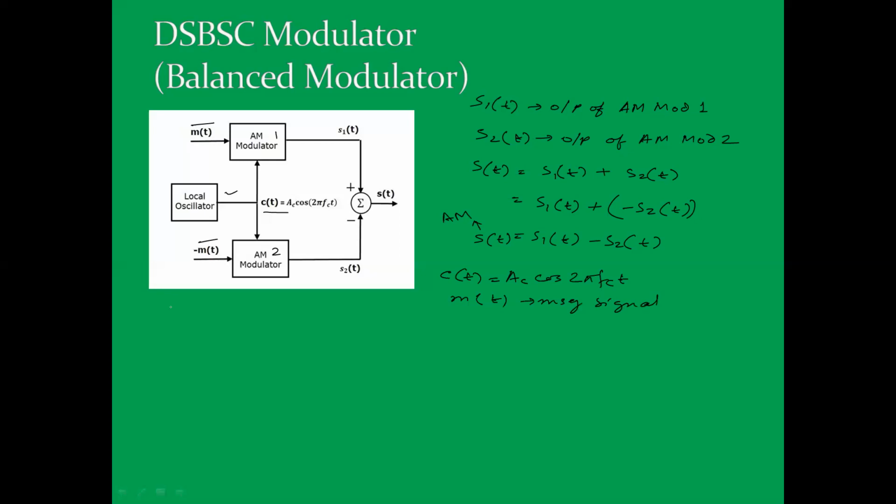According to the modulation equation, s1(t) is Ac [1 + ka m(t)] cos 2 pi fc t, that is equation 1, and s2(t) is Ac [1 + ka (minus m(t))], which gives Ac [1 minus ka m(t)] cos 2 pi fc t, that is equation 2.